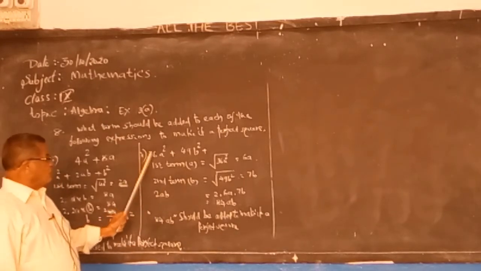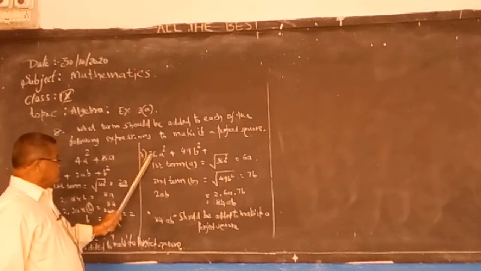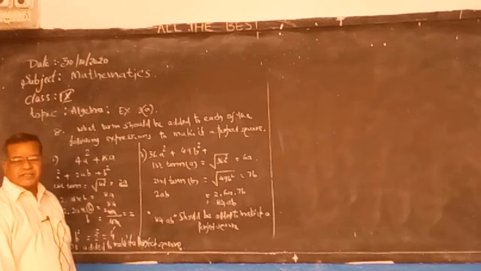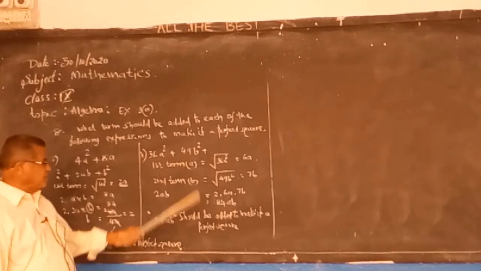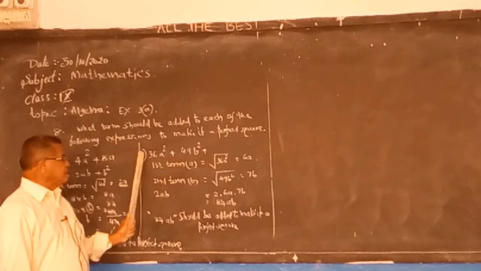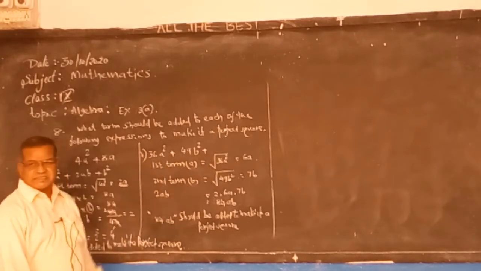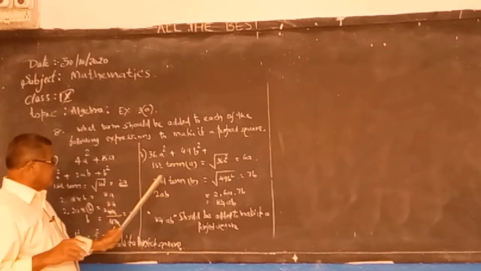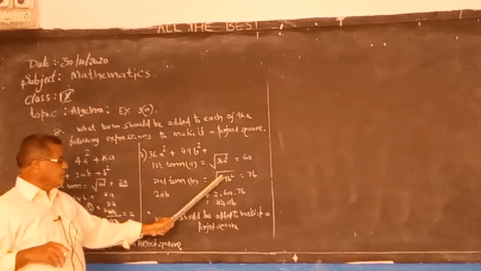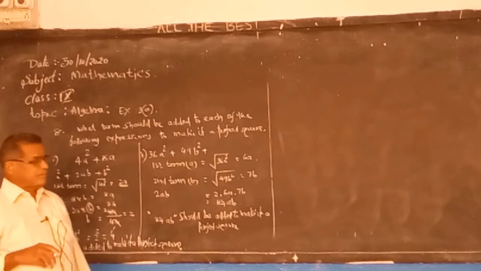By seeing the problem, it is in the form of a squared plus b squared, and the 2ab form is not given. To know the first term, take the square root of 36a squared. To know the second term, 49b squared is given, and its square root is 7b.